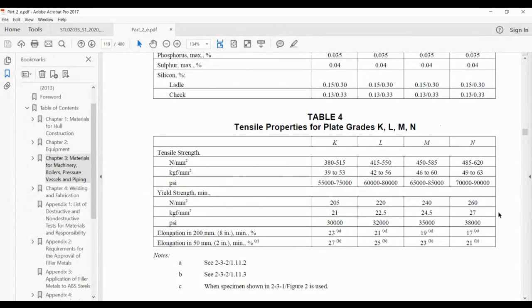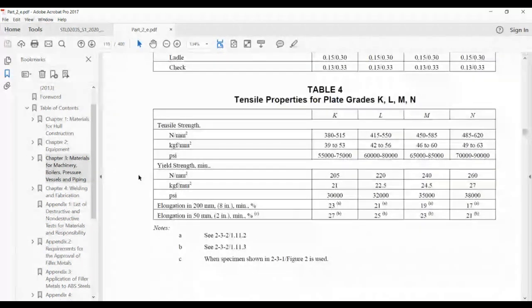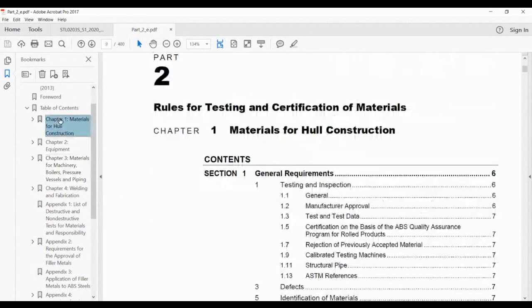As you can see over here, the stronger it gets, the less the elongation is. However, it's still considered fairly ductile. For elongation of 50 mil, you have a specimen with a 50 mil length. You can see the elongation over here. I'll explain to you how this all comes together. So this is for boilers, pressure vessels, and piping.